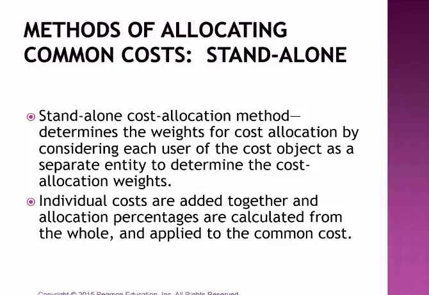The individual costs are going to be added together. The $1,200 plus the $800 gives us $2,000. And then we're going to calculate that weight for each one and then apply that to the common cost.